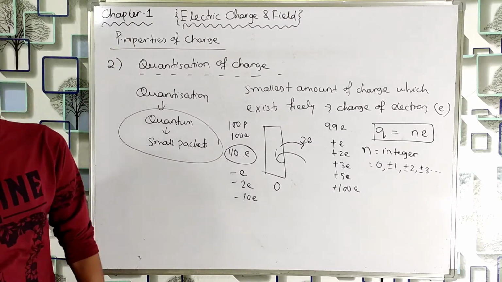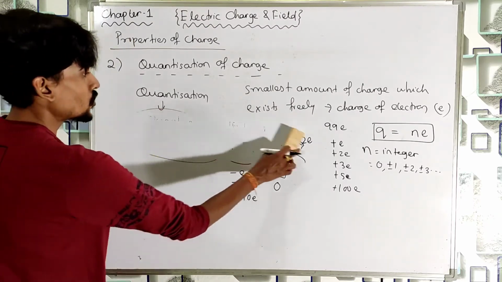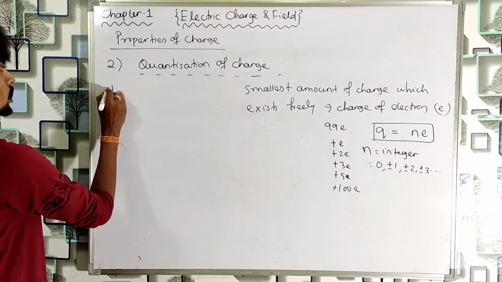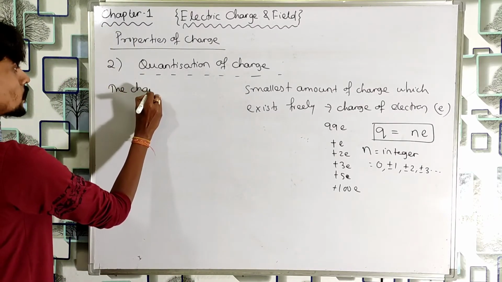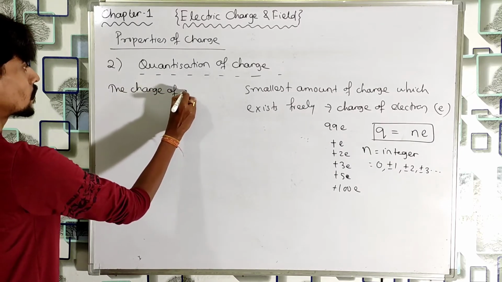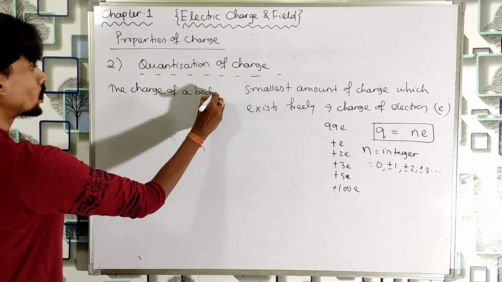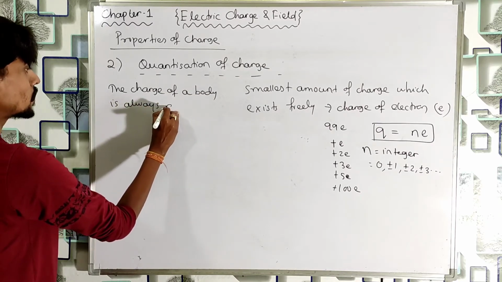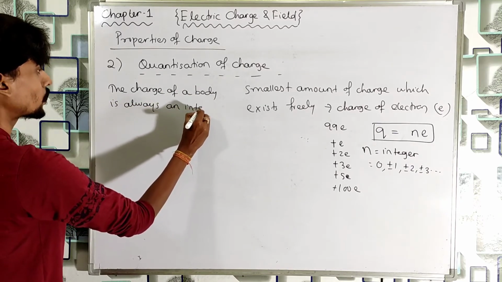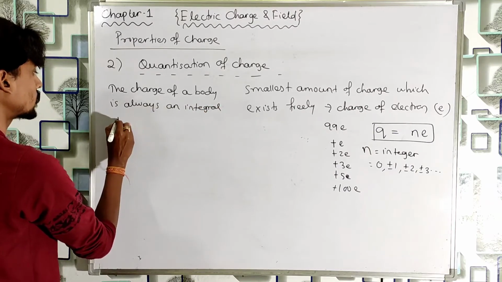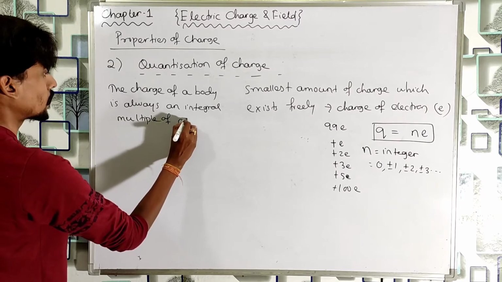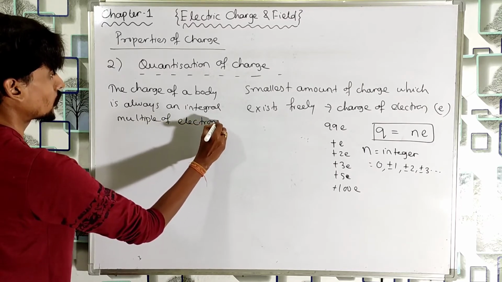So I can write that the charge of a body is always an integral multiple of electronic charge.